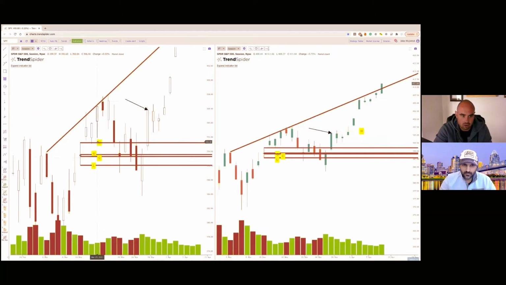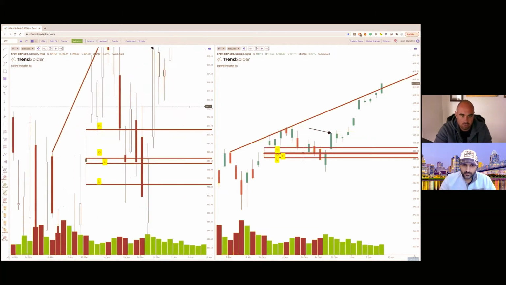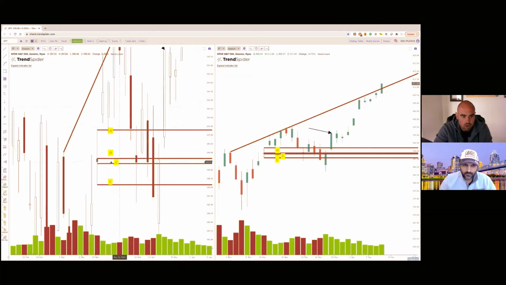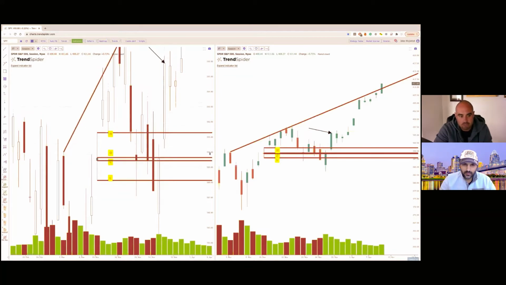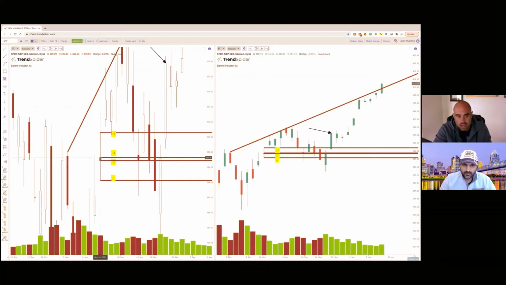Now, going over these different things, the reason why this is now a solid gray candle is because we closed on March 9th at 387. We opened the next day at 389, so we opened much higher than what we closed at. However, you'll see that we closed at 389.51 and we opened around 389.72.